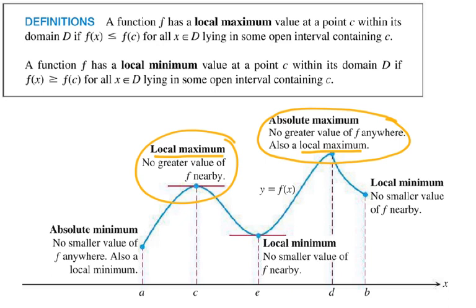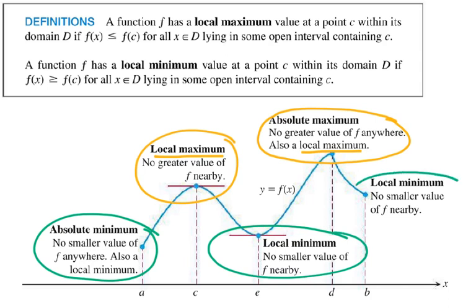So we've got 2 local maximums, one of which is an absolute maximum. And then we have 3 low points. We have 3 local minimums. Only one is my absolute minimum. Okay, so that's the difference between an absolute max versus a local max, and then similarly for minimum values.